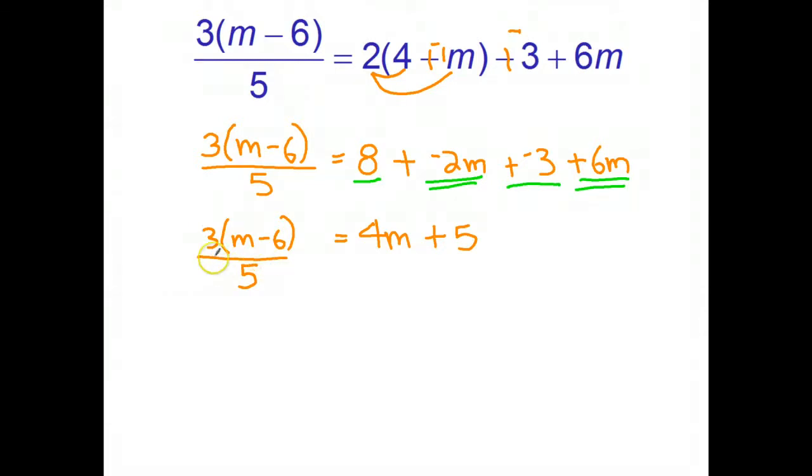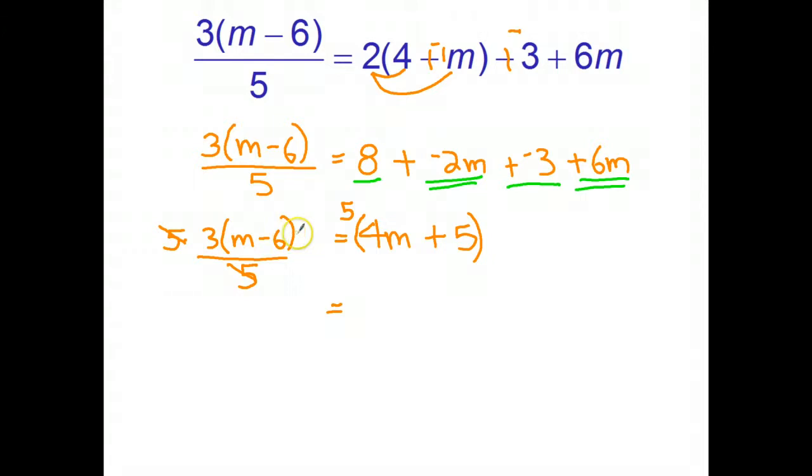So what I have to do now is to get rid of this fraction. So I've got to multiply both sides times 5. So I'll put that out the front of that, times 5. And I've got to multiply all of this. I need brackets. All of that times 5. So again, doing the same operation to both sides. The 5's cancel out there.